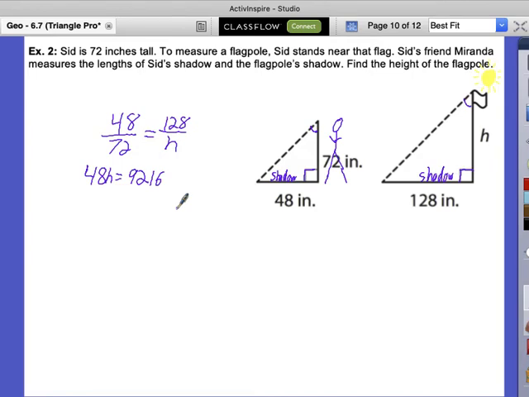Divide by 48. H ends up being 192. Sorry, I couldn't hear you over your excitement. So, 192 what? Inches. Inches, alright, very good.